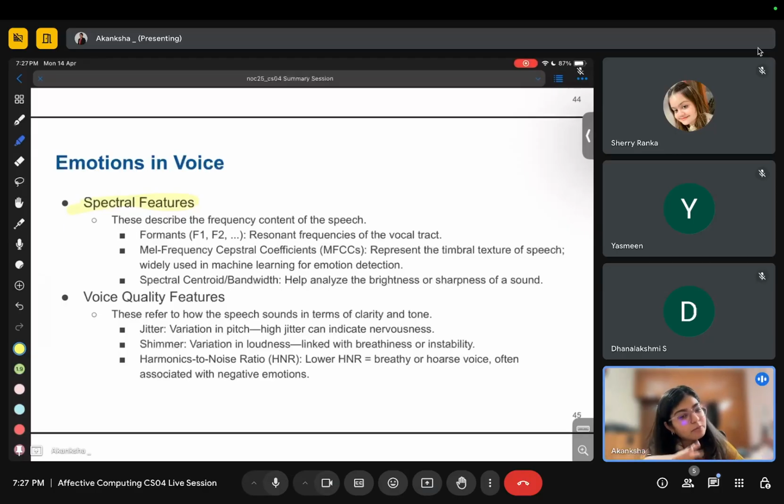Now machine learning models or even some libraries, like the Python library called librosa, can extract these features, such as formants. Formants are the frequencies present in our voice. My voice is not made up of a single frequency; there is a base frequency, then its multiples, say this is x, then 2x, 3x, 4x, 5x, and many more frequencies. And when they overlap, you actually hear what I am saying, my voice.